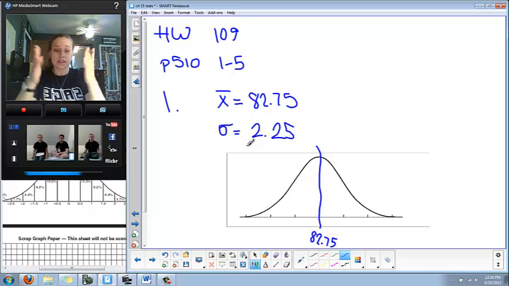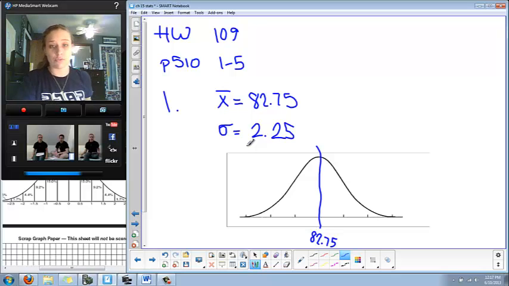Now, this is the whole point of the normal curve. A lot of different things in life are represented by the normal curve. We talked about height before, about how a small percentage of the people are really, really short and a small percentage are really, really tall, but the majority of us are about average height. So it's saying which one of these scores is most likely to occur.